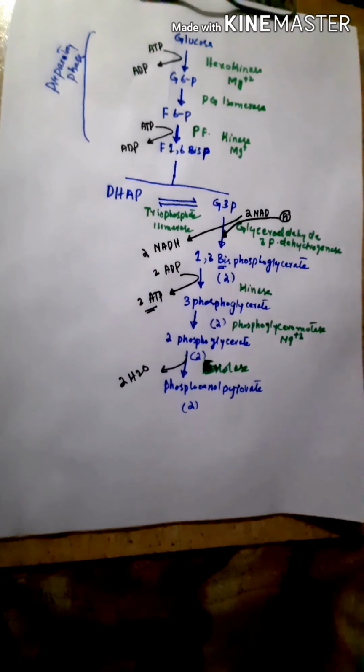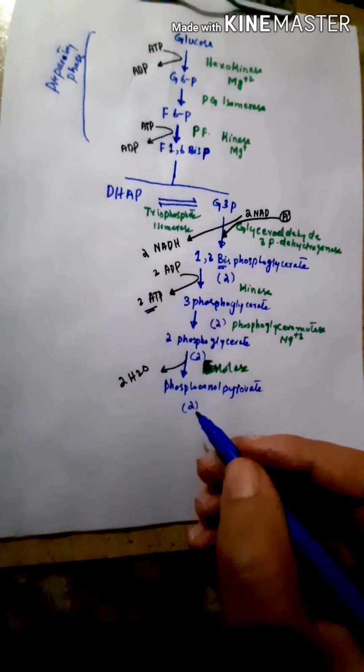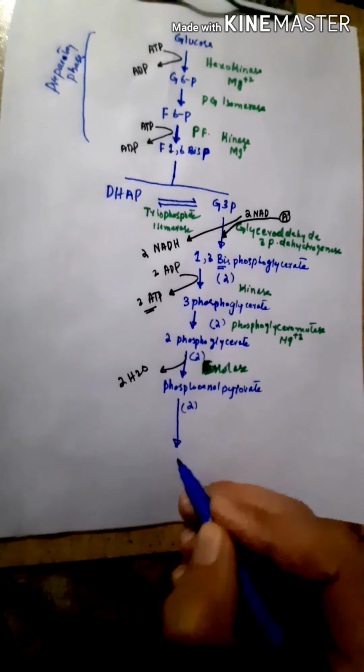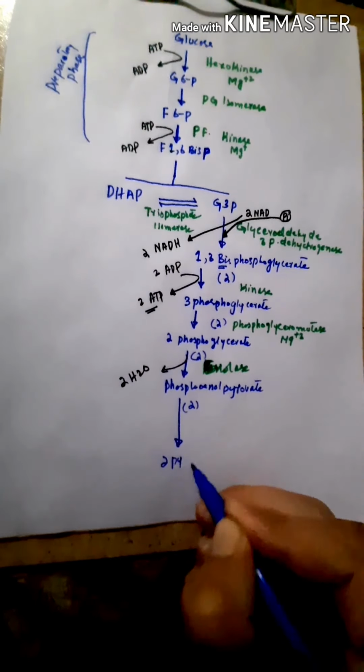Now these phosphoenolpyruvate are finally converted into 2 pyruvate molecules.